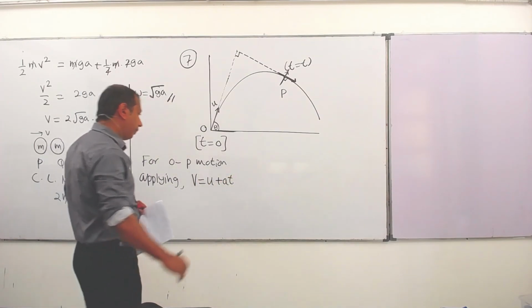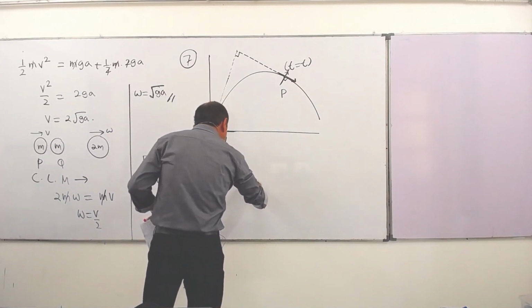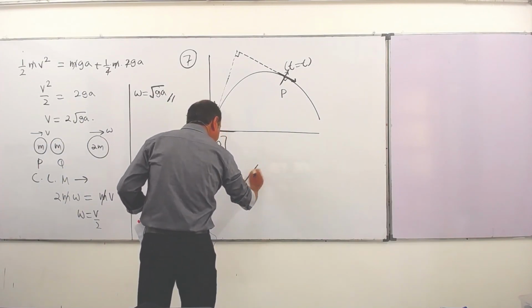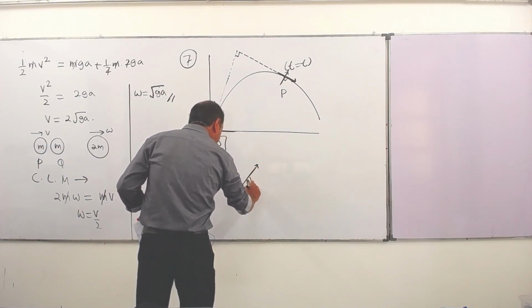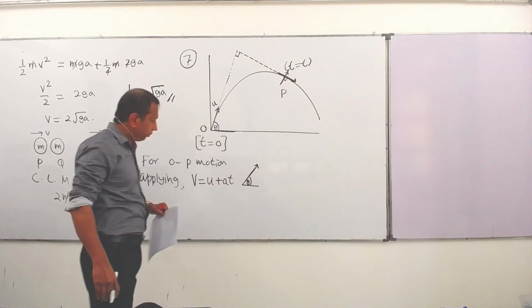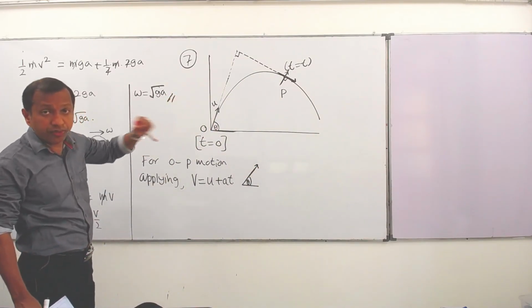Applying V equals U plus AT. What direction? This direction, that means the initial direction of motion.